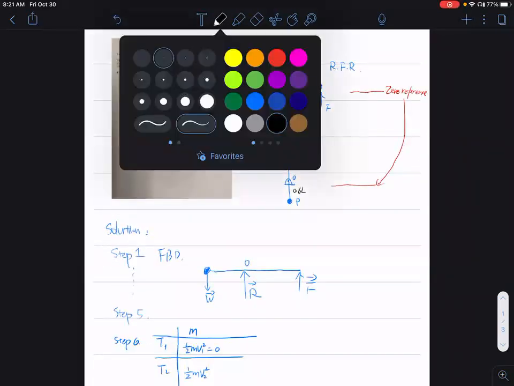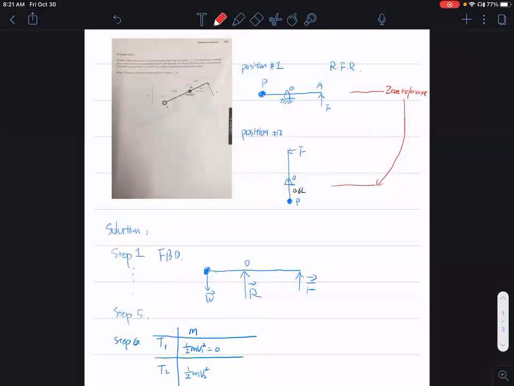Yes, we can. That arc looks like, right? That's a very bad drawing, but you get it. It's a quarter of a circle. From position 1 to position 2, that F force traveled a quarter of a circle.